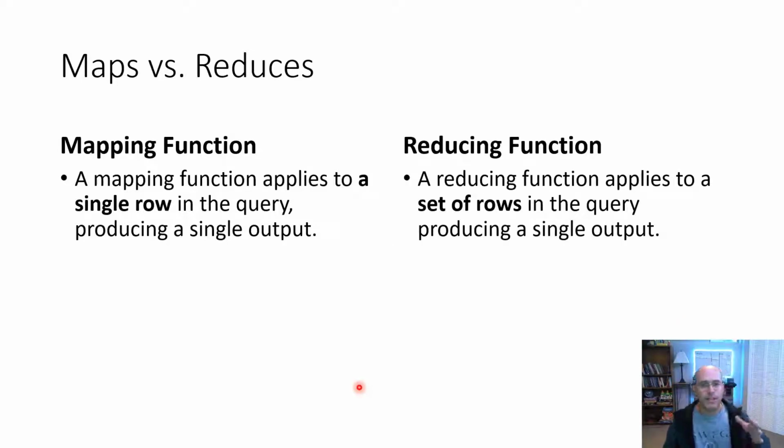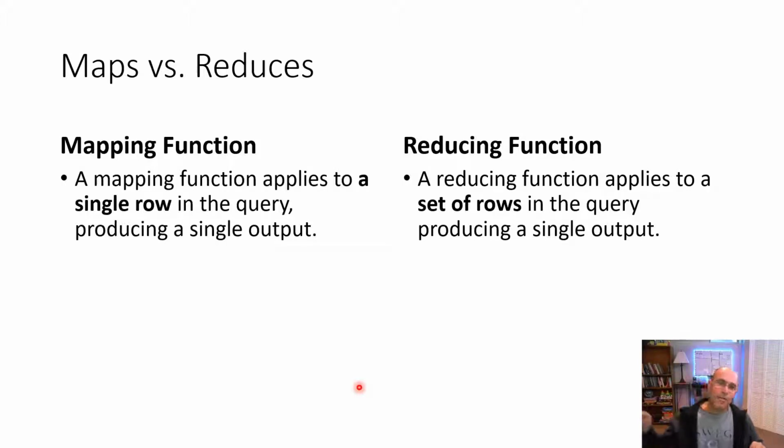So we can contrast that to a reducing function. A reducing function applies to a set of rows in the query. That is, it applies to multiple rows in the source, but it yields a single tuple as output. So as input, you might have several tuples that match a certain set of criteria. That is, you might say, let's grab all the rows where the department is customer service and employees.